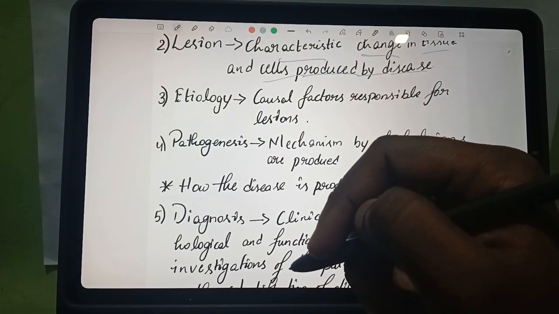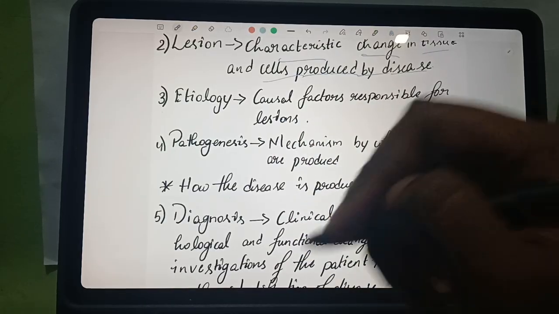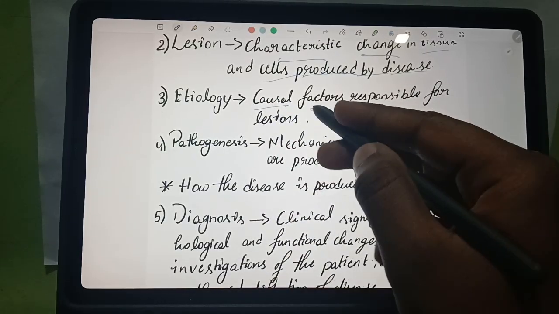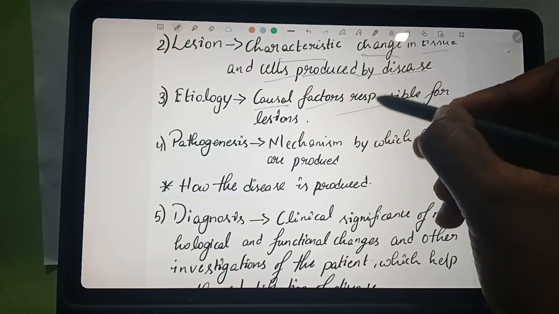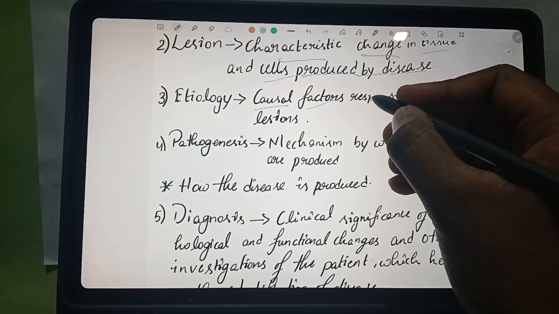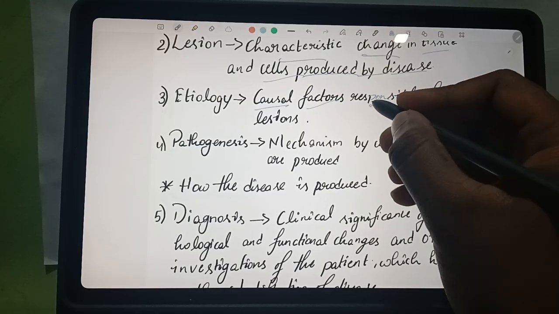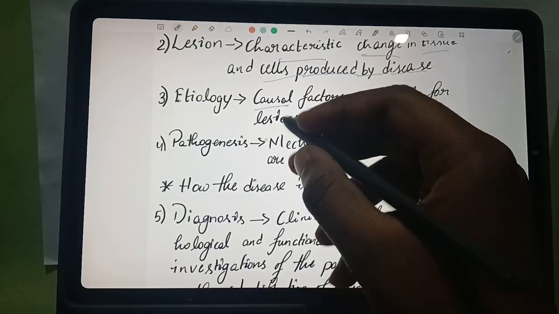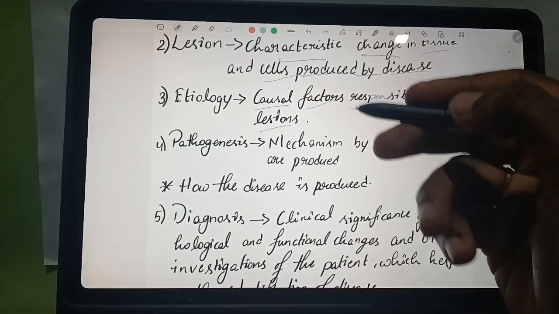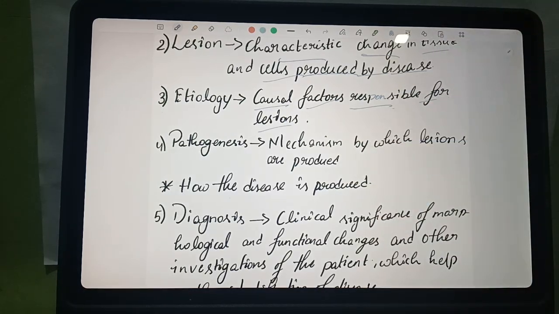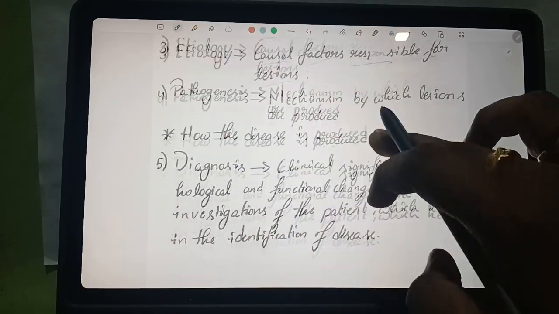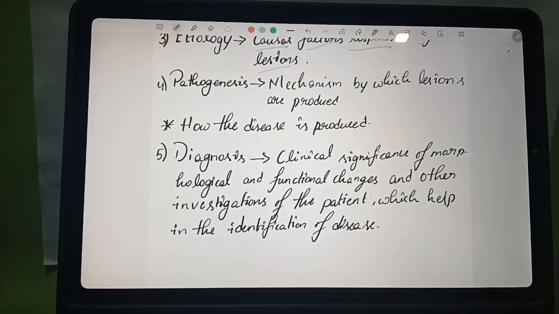And etiology means what? Causal factors responsible for lesions. What are the factors responsible for the lesions is called etiology. Then pathogenesis means what?